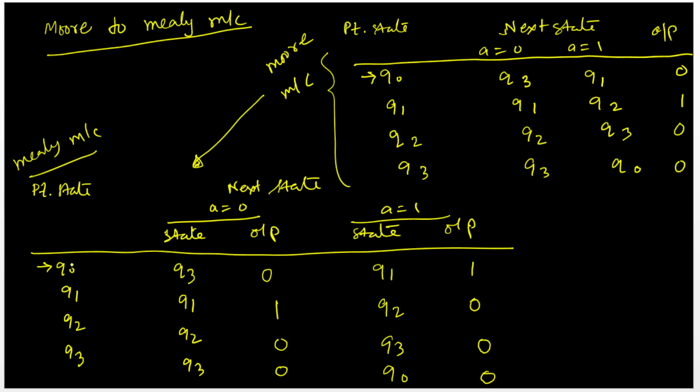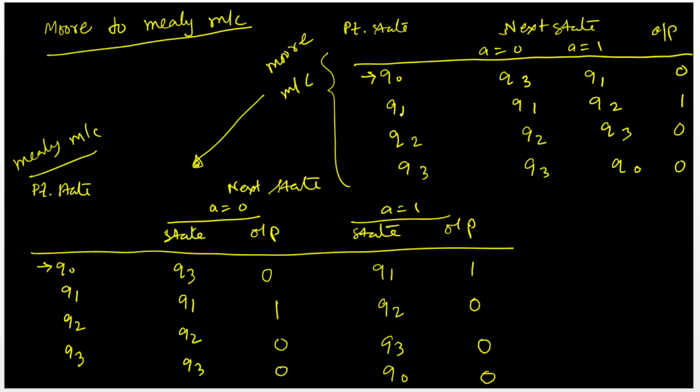The present state will remain the same. For the next state, there will be two inputs, a equal to 0 and a equal to 1, and for every input there will be state and output. The state will remain the same for input a equal to 0 and for input a equal to 1. But what will be the output? We have to check from the Moore machine. If you are in q naught state, the output will be 0.